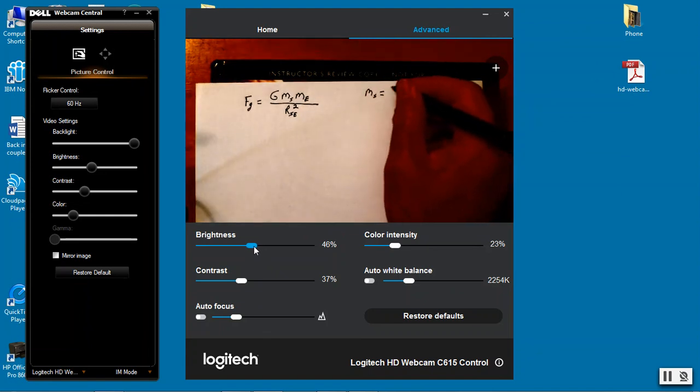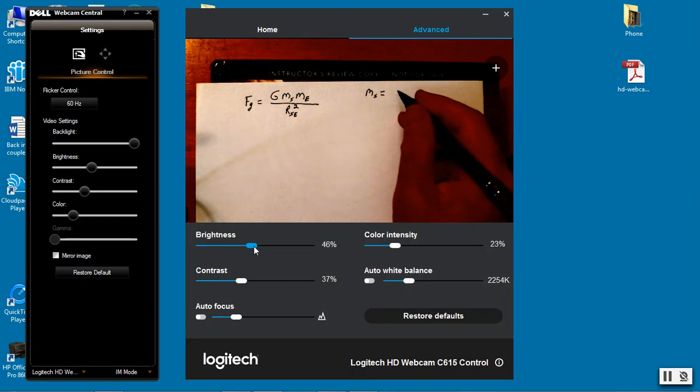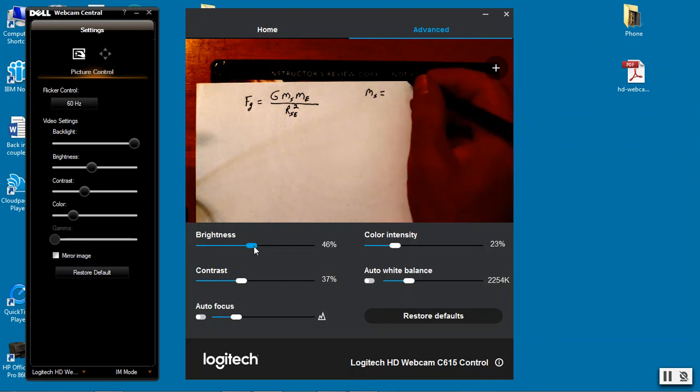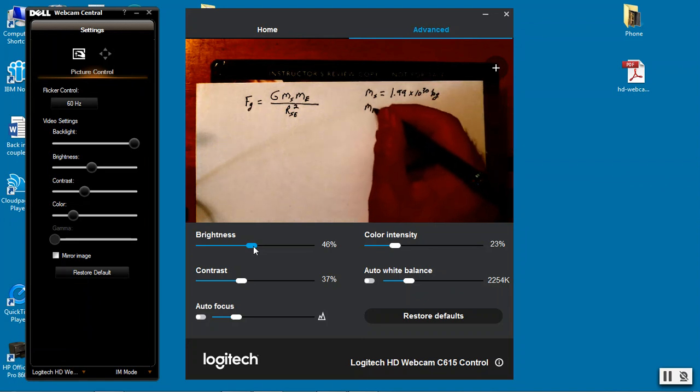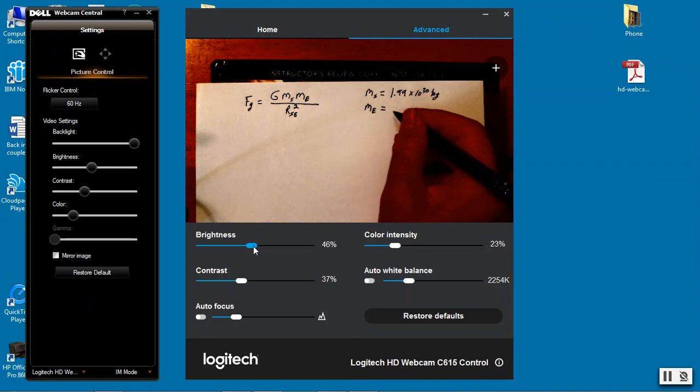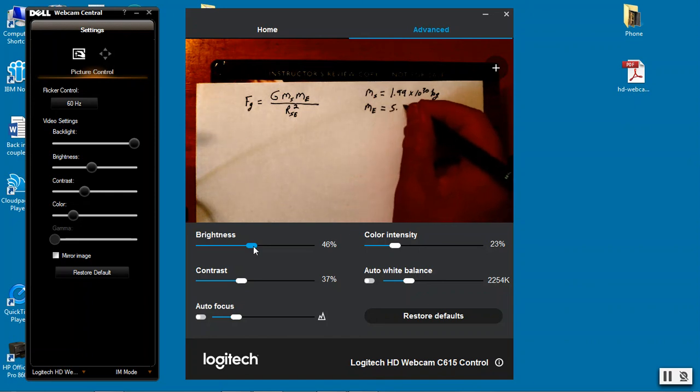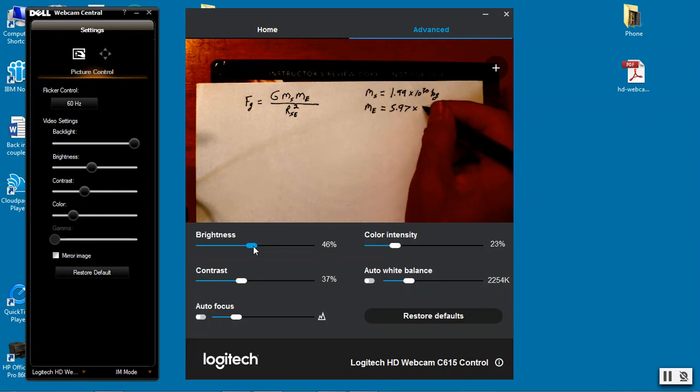Using the information, the mass of the Sun is 1.999 times 10 to the 30th. The mass of the Earth, as we just saw, is 5.97 times 10 to the 24th kilograms.